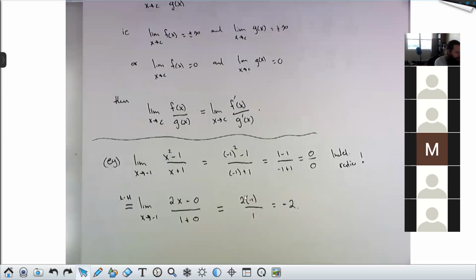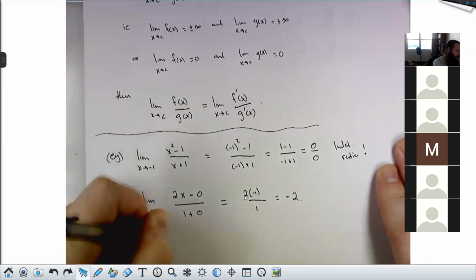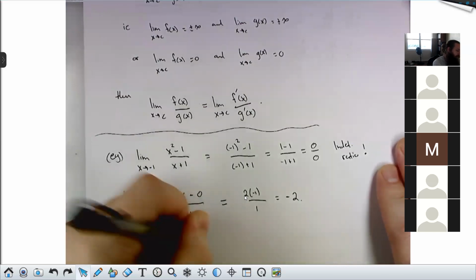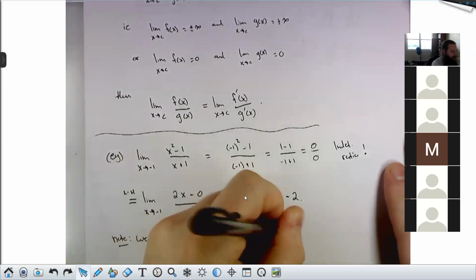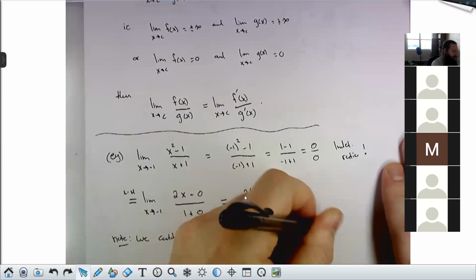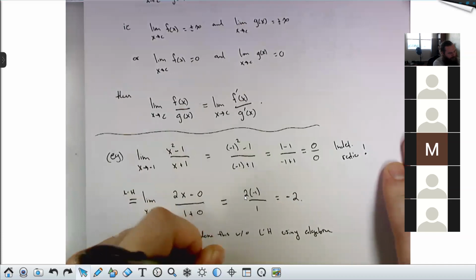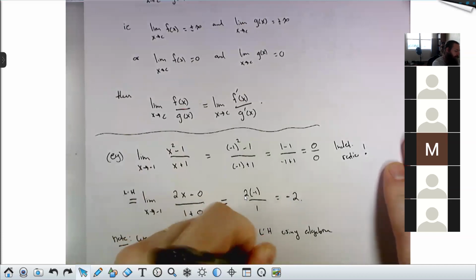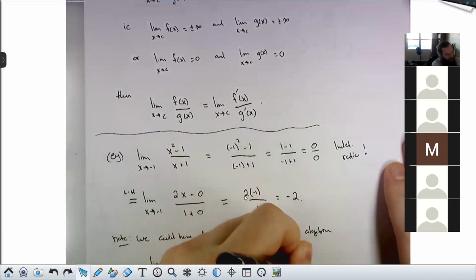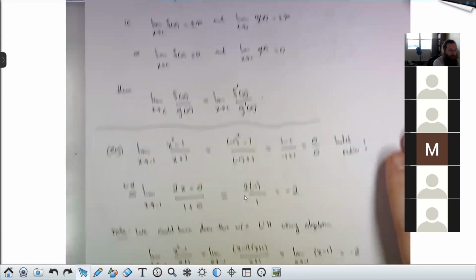So this is a limit where we could have done this without L'Hopital's rule, using algebra. The limit as x goes to -1 of x squared minus 1 over x plus 1 is the limit as x goes to -1 of x minus 1 times x plus 1 over x plus 1, which is the limit as x goes to -1 of x minus 1, which is also -2.